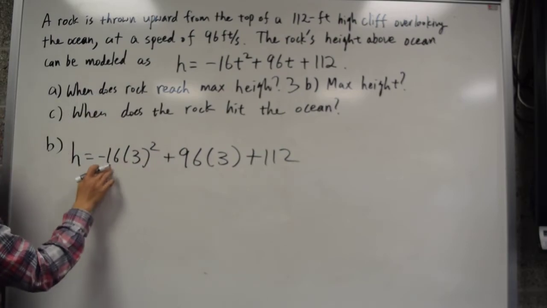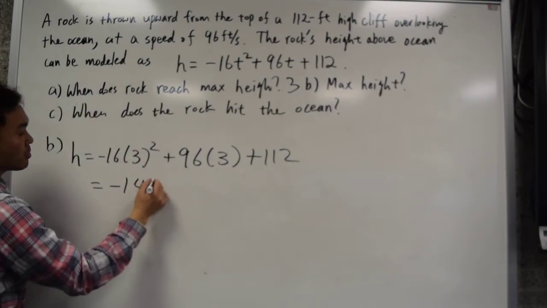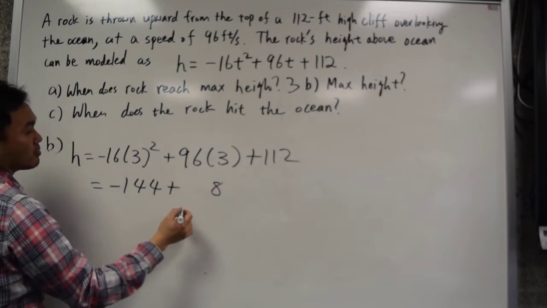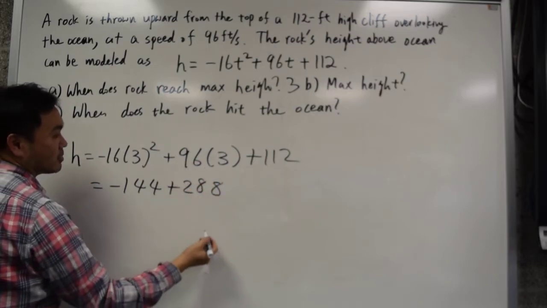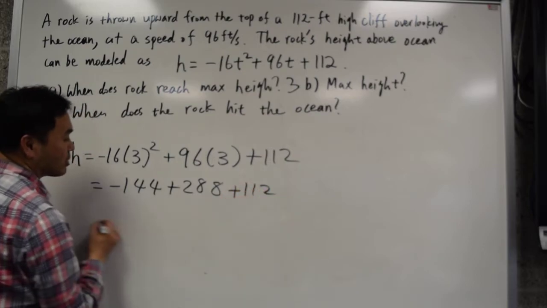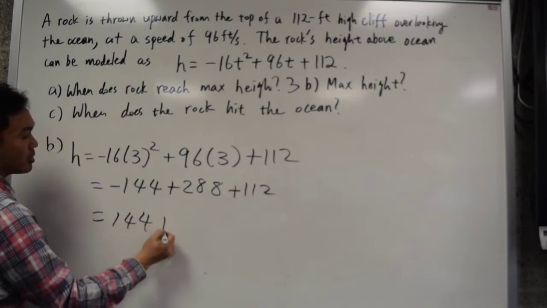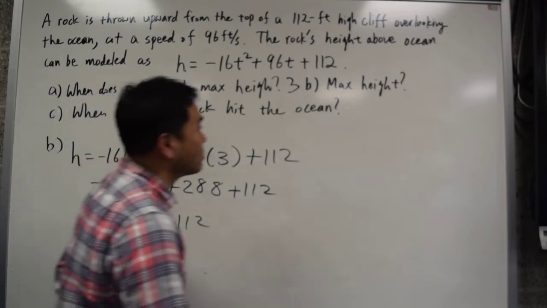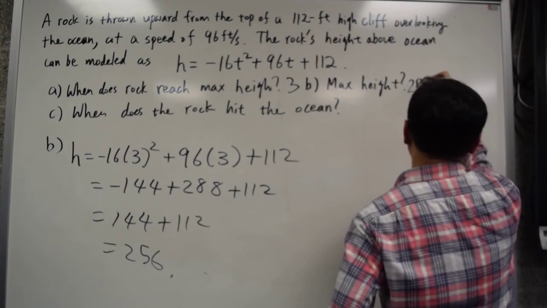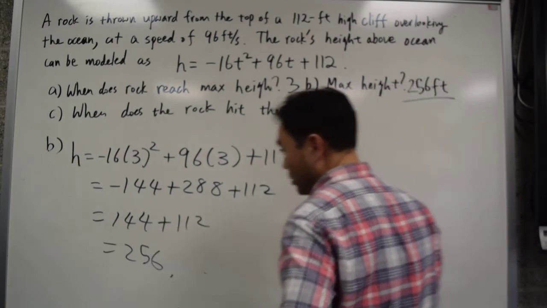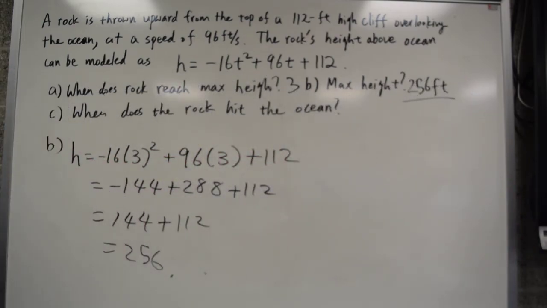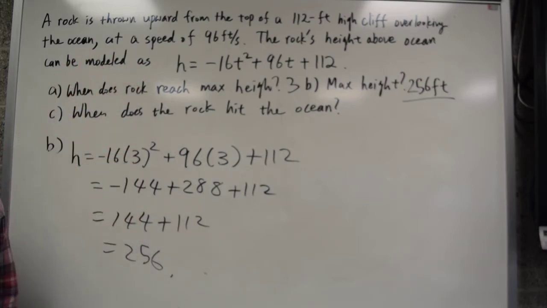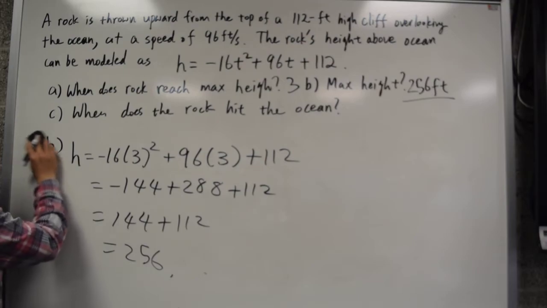That's 9 times 16, which is negative 144, plus 288, plus 112, so that's 144 plus 112, which is 256. So the max height is 256 feet above the ocean, because h is the height above the ocean.